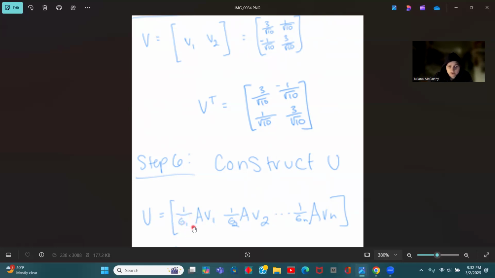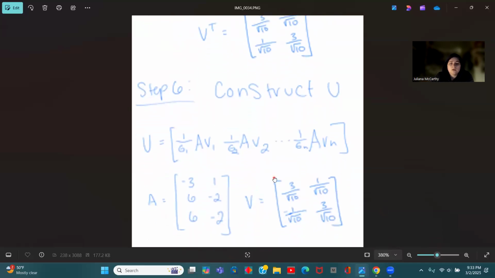So we're going to multiply each part. It's 1 over the singular value times A times our first vector, and then 1 over our second singular value times A times our second vector, and so on.